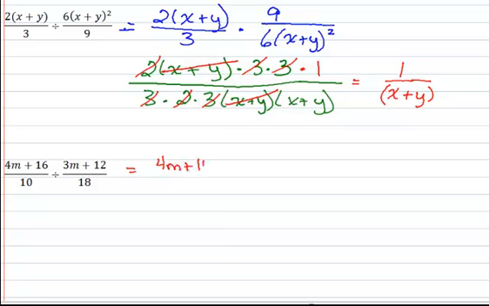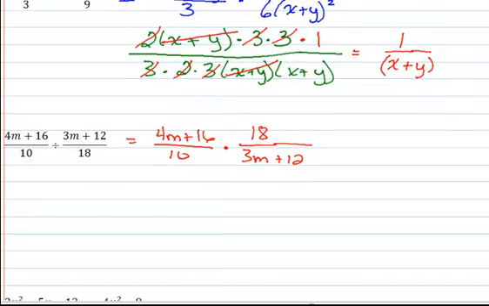And the first thing that I'm going to do is flip the second. And then we're going to put everything into factored form and join it up as we go. So here I've got 4 and plus 4.